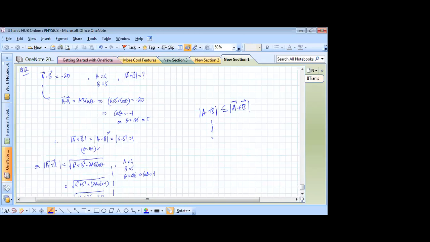But this happens when theta is equal to 180 degrees. So from this you should remember this case. Similarly, maximum value क्या होता है? A plus B. And this happens when theta is equal to 0. So here the moment you see that this is the case, you are getting theta is this, you know that this will be the case. So you have to be alert while doing these type of questions so that you can avoid doing extra calculation.